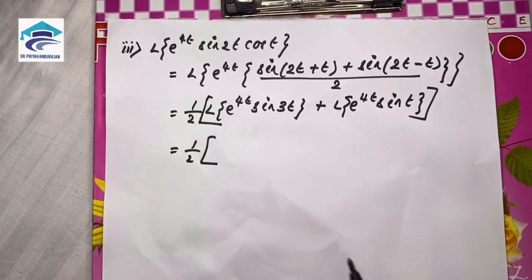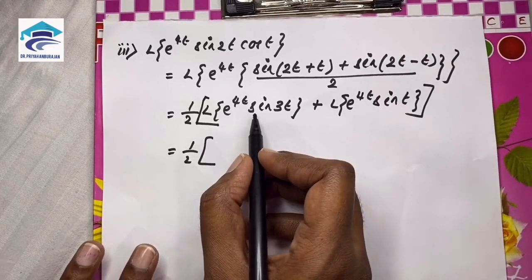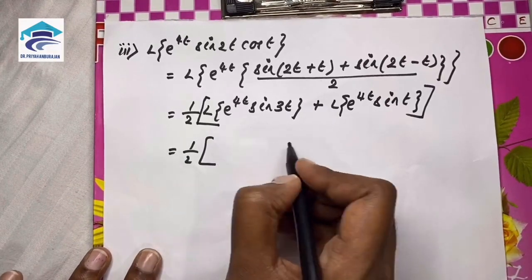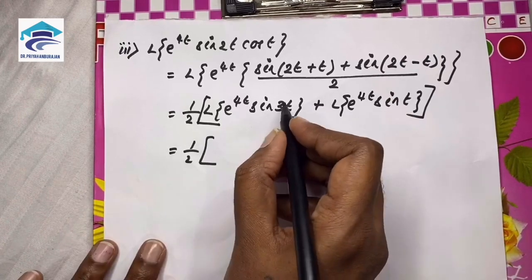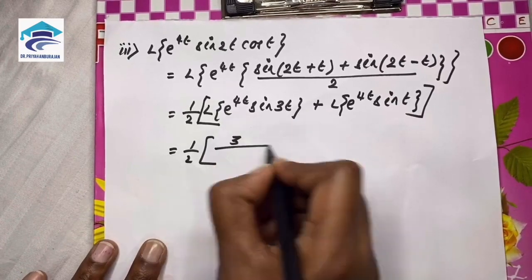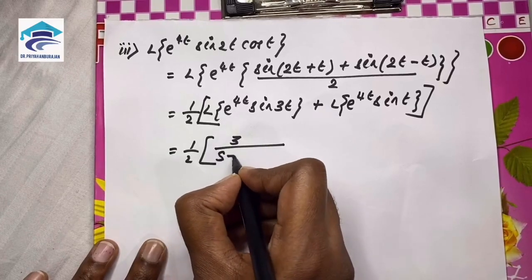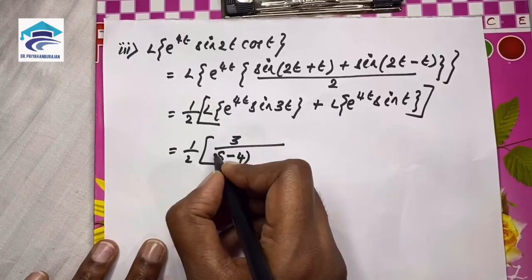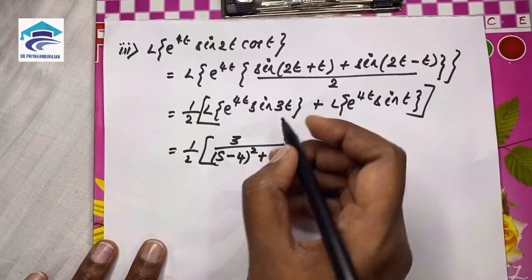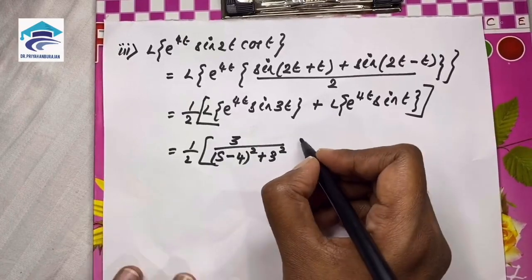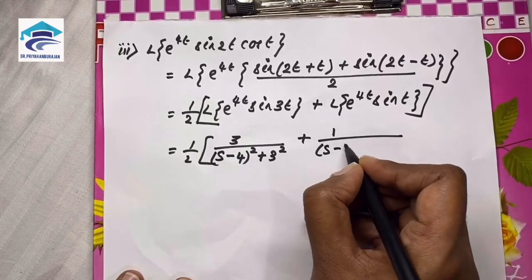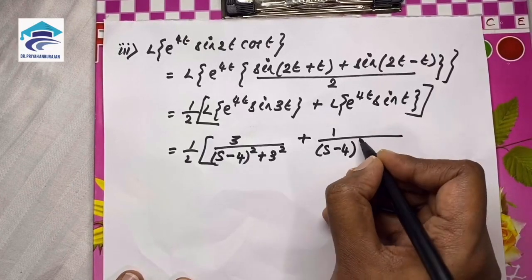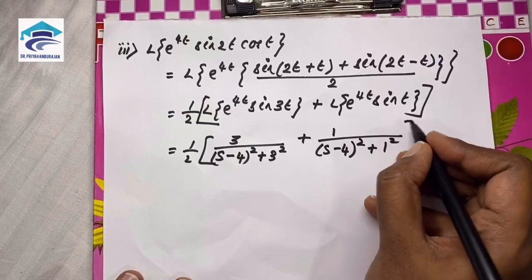Let me use the direct formula here. For sine it is b by (s minus a) the whole square plus b squared. So b here is 3 by (s minus a, here a is 4) the whole square plus 3 squared, plus b here is 1 by (s minus 4) the whole square plus 1 square.